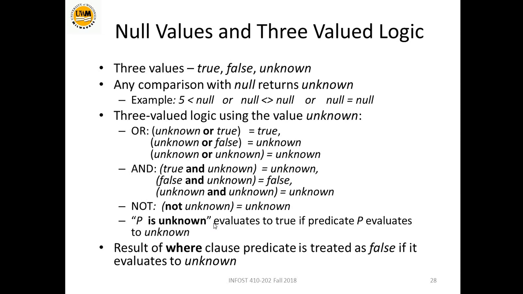If we have a null ORed with false, the result is unknown. And if we have a null ORed with null, it's unknown. For AND, if we have a false and unknown, it gives false, otherwise it gives unknown. The NOT of unknown will give unknown. The where clause evaluates to true only if the predicate evaluates to true, not if it evaluates to unknown.